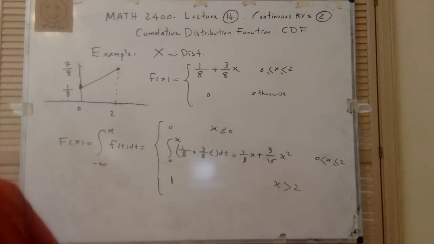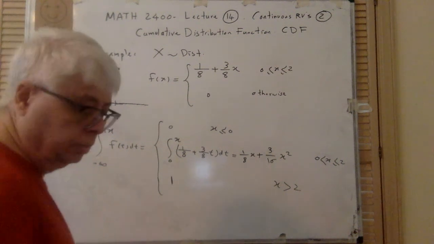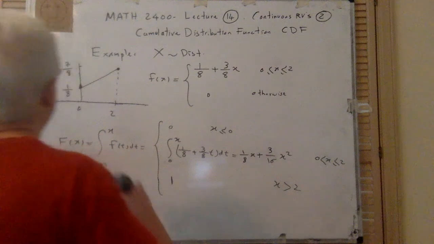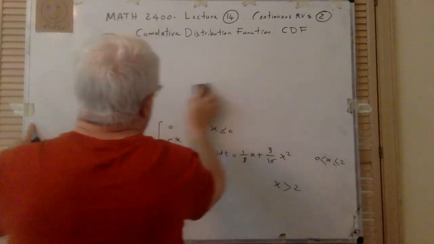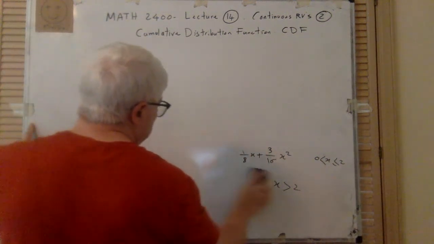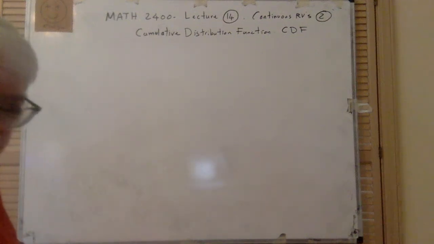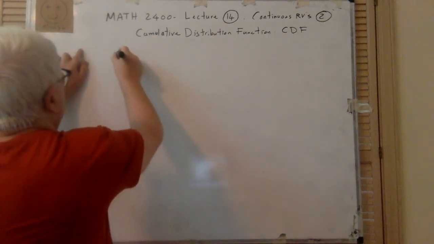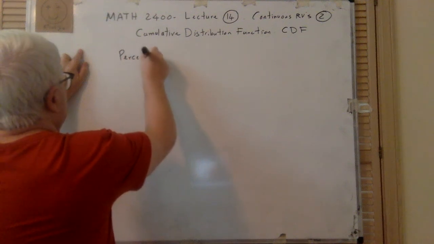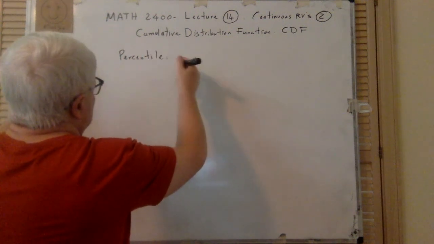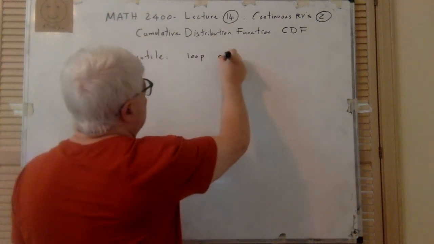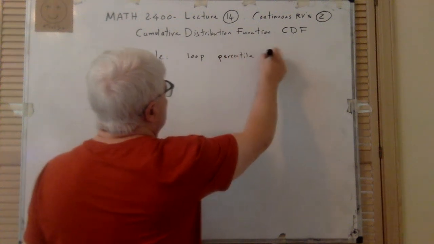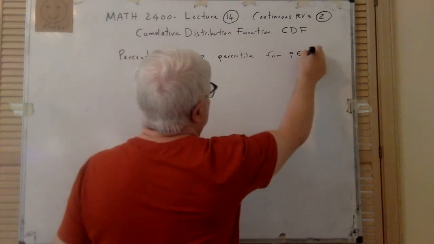Next thing is, well, since this is still used, I just give you an idea what this is talking about. So, percentile. Percentile is when we say 100p percentile, where p belongs to 0 and 1.